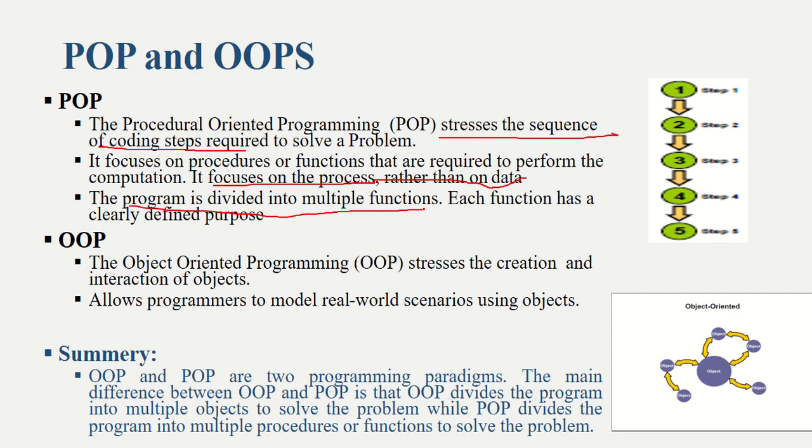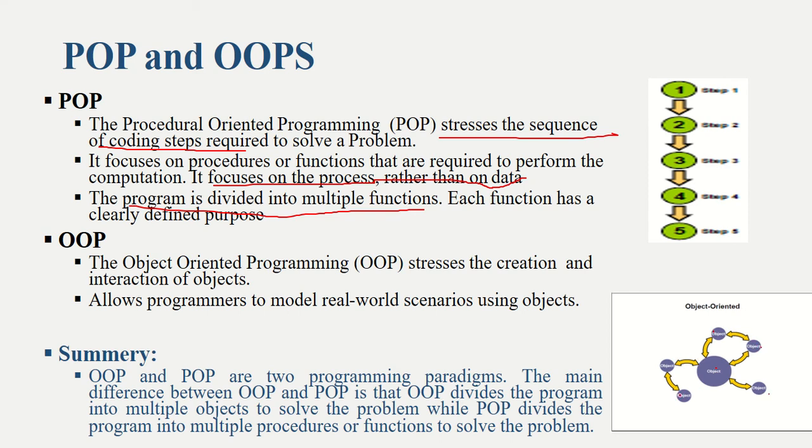So everything in this programming is called an object, and we will see what the meaning of object is anyway. The main focus in this approach is creating interaction between objects. You can see in the diagram here that we have objects. How many objects do we have?